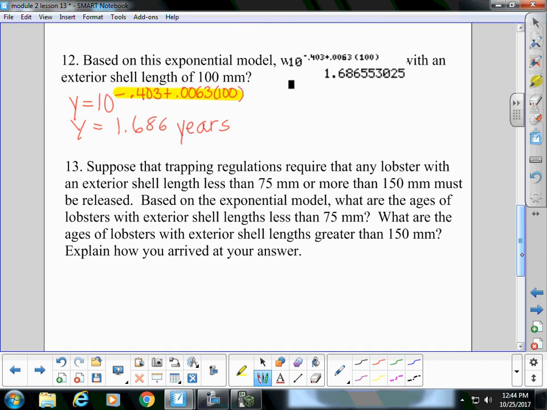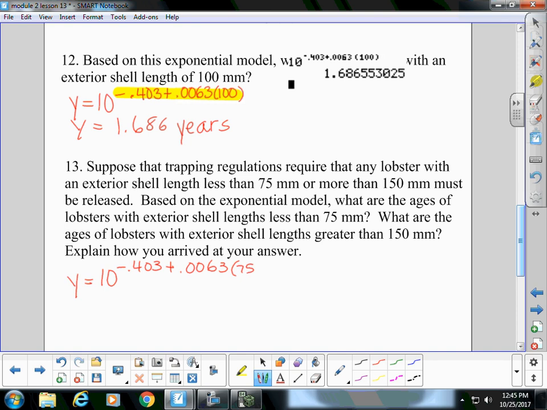Okay, suppose that trapping regulation requires that any lobster with an exterior shell length less than 75 millimeters or more than 150 millimeters must be released. Based on the exponential model, what are the ages of lobsters with exterior shell lengths of 75 millimeters? So that means I want to plug in 75. So y equals 10 raised to the negative 0.403 plus 0.0063 times 75.